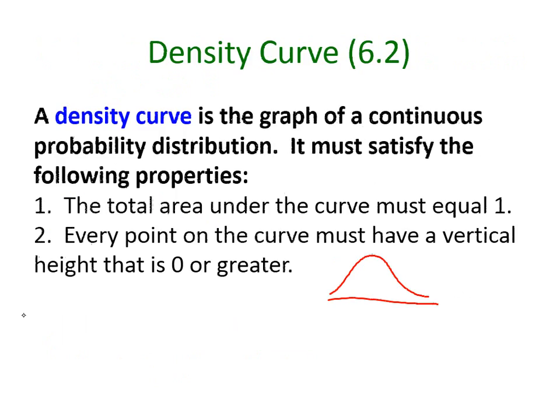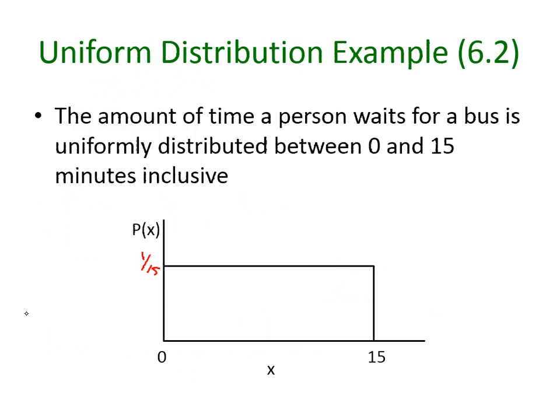If we go back to our example for the bus, I'm wanting to know what's the probability that the wait falls between 5 and 8 minutes.